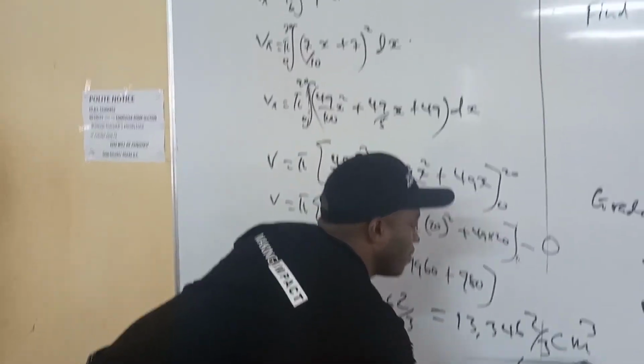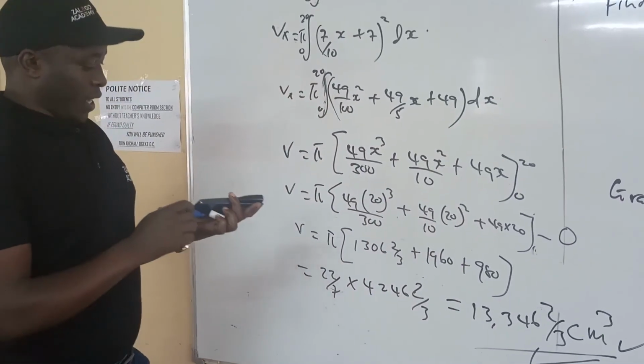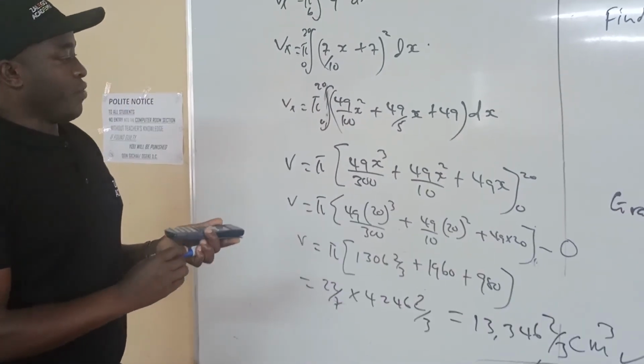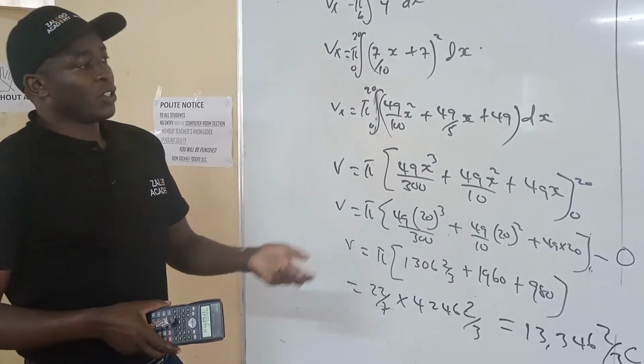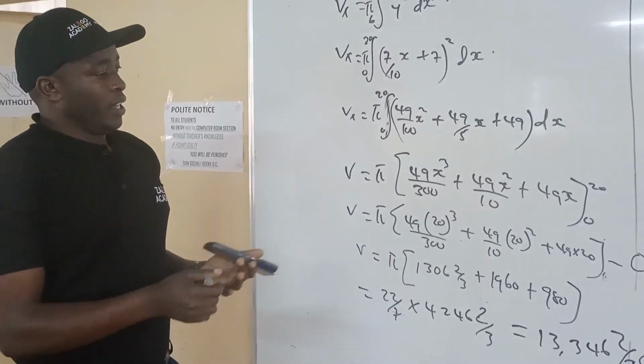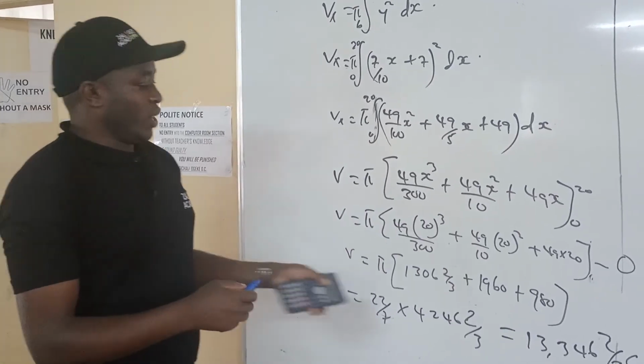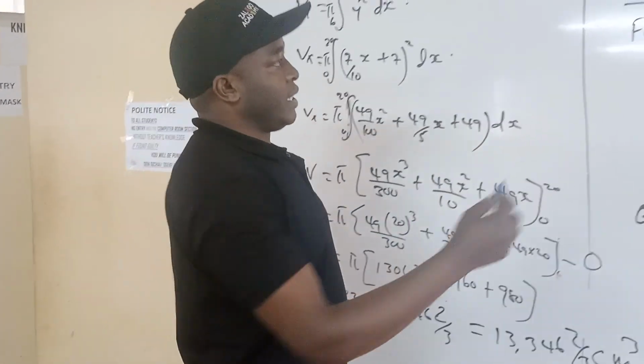So that one becomes the volume of the figure. If you do the same question by using the method I showed you yesterday, if you apply this formula, you get the same answer. Just do it and see and confirm.